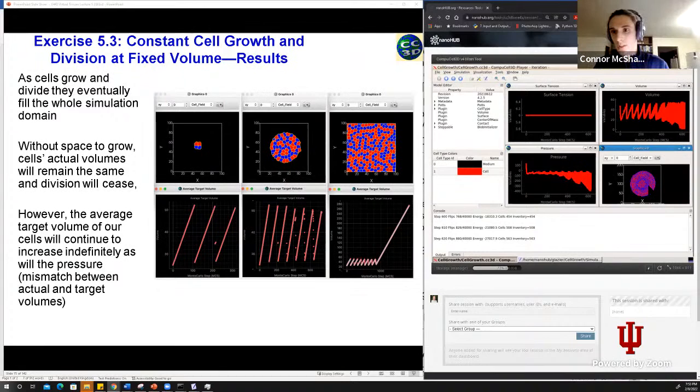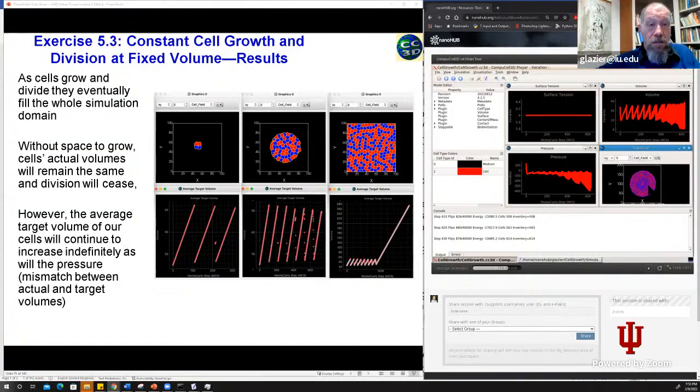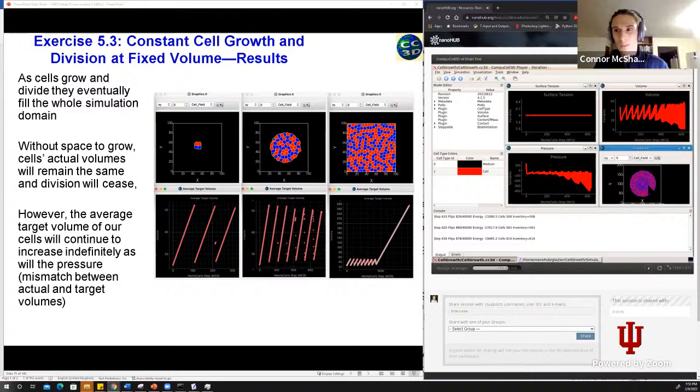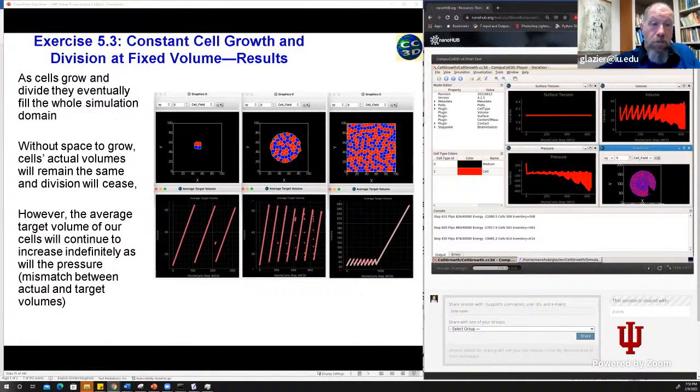Wouldn't we see the case similar to what's happening in the center be more widespread across all of it? Will any cells divide? I think they should reach a point where they stop, shouldn't they? Yeah. The volume can't go up.